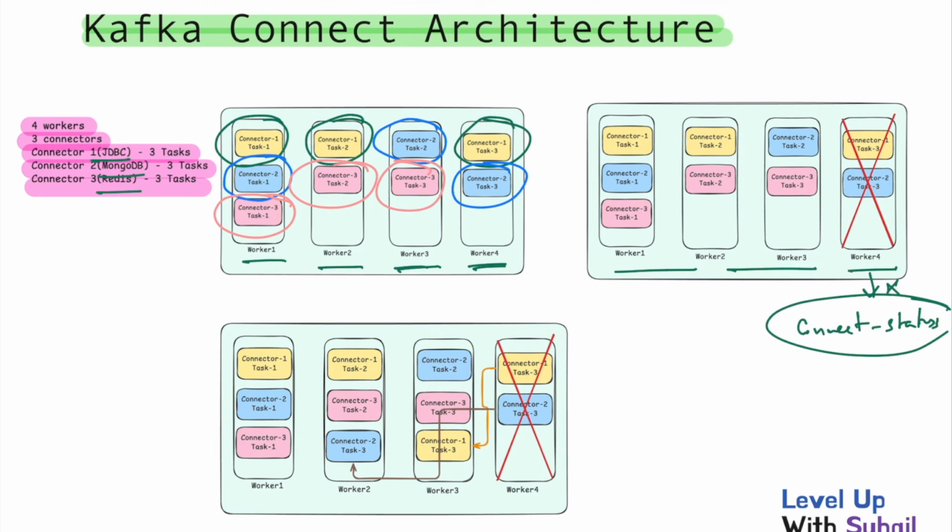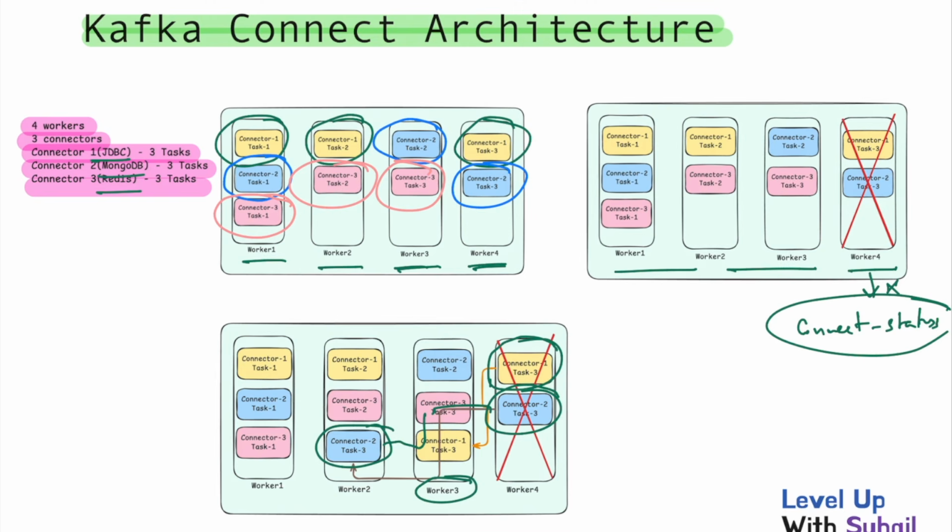So the rebalancing would happen. Connector 1 tasks have been moved to worker 3 and connector 2 tasks have been moved to worker 2. That's how the rebalancing has happened.